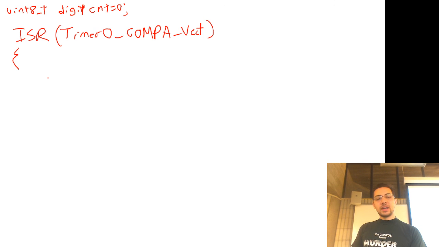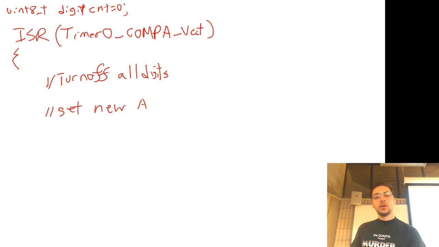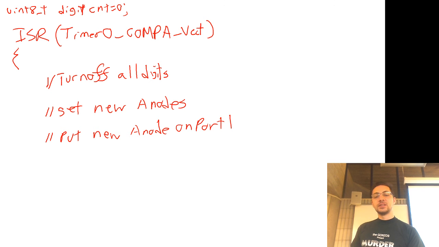Let's put some comments in here first. Turn off all digits. Get the new anode values. Put the new anode values on port D.